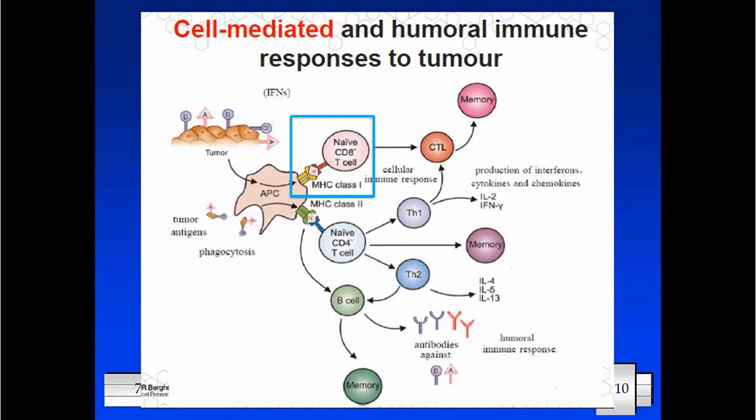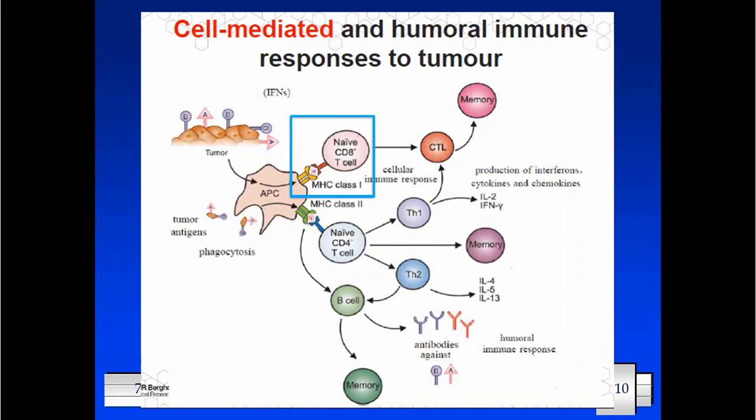The other part of the cell-mediated immunity is represented by the T helper lymphocyte, which is the CD4 positive lymphocyte. The first one was CD8 positive, which is the cytotoxic T lymphocyte, as you know. And the second type is the CD4 lymphocyte, which is the helper lymphocyte.